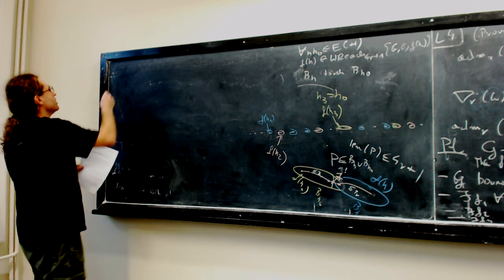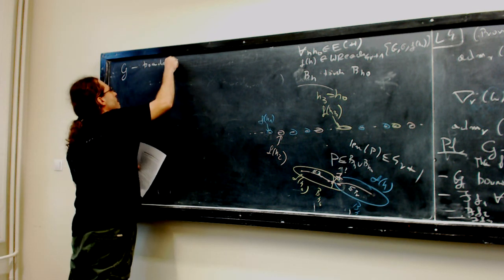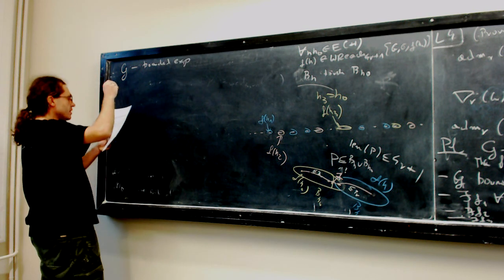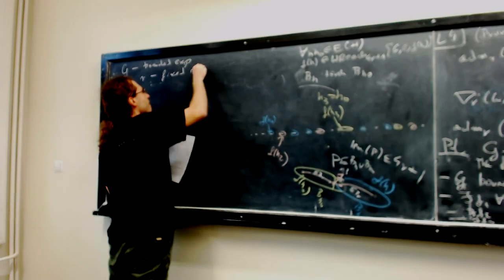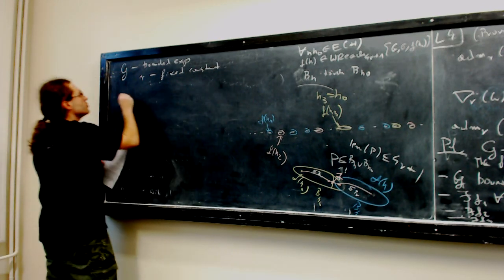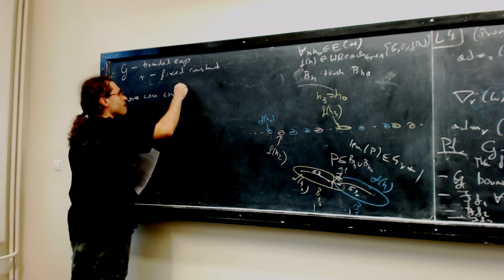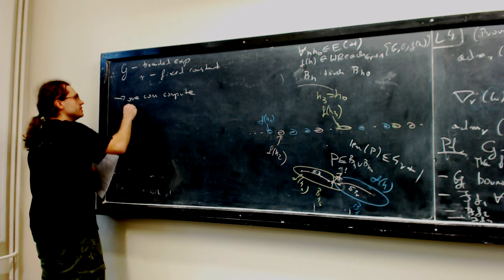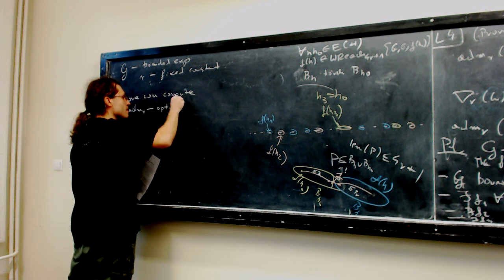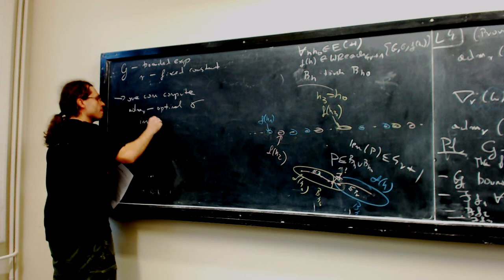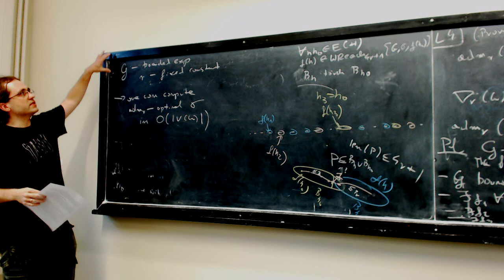What I want to say is that if G is a class of bounded expansion, and R is a constant, then one can compute the admissibility-optimal ordering in linear time. So what does it mean? I fix a graph of a class of bounded expansion.